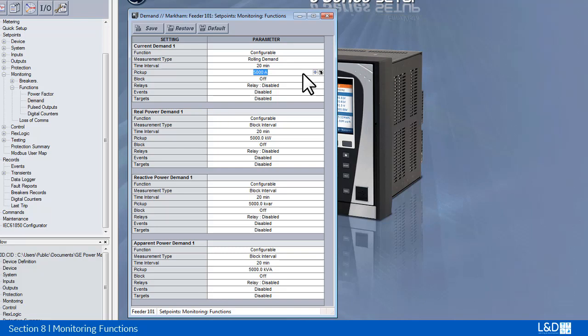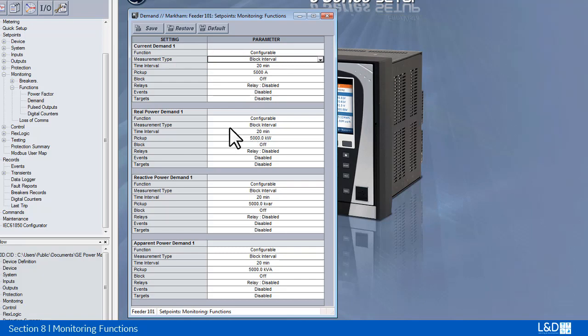Thermal 90% response time set point is visible only when the measurement type is set to thermal exponential. And the time interval set point is visible only when the measurement type is set to block interval or rolling demand.